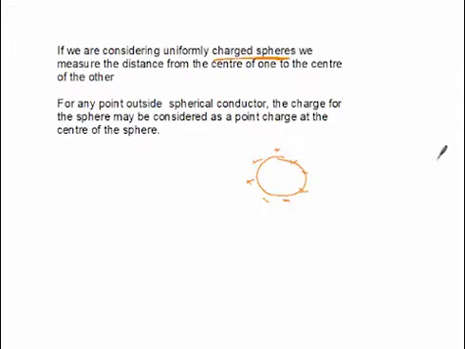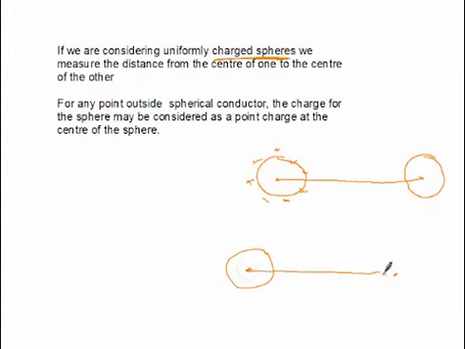So if we have two charged spheres, we are considering the distance between them to be from center to center. That's why for any point outside the spherical conductor, the charge of the sphere may be considered concentrated at the center.